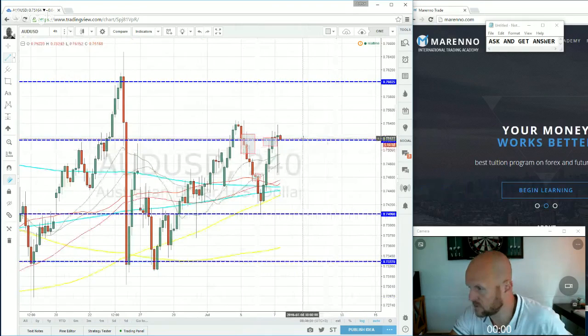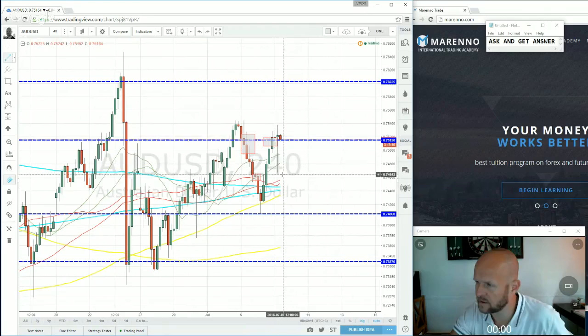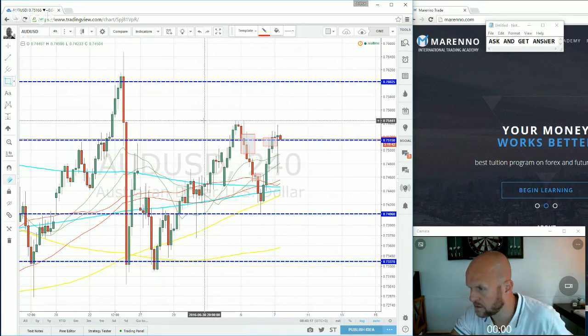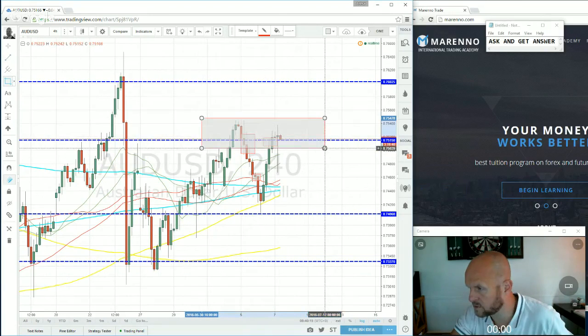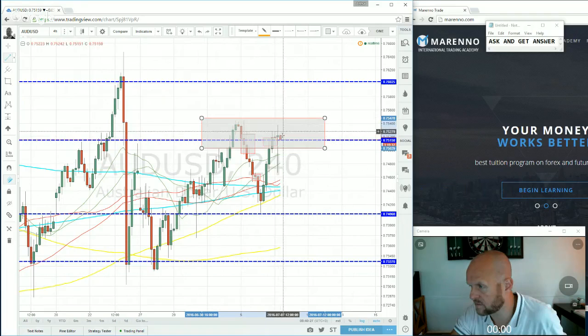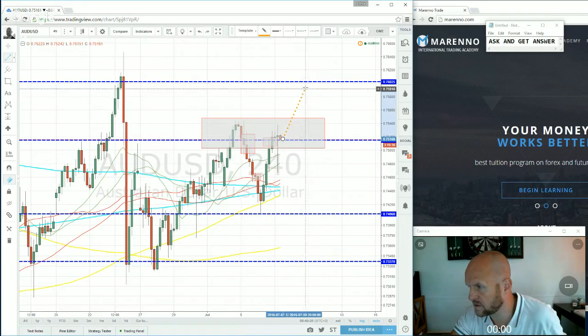Aussie dollar, the same, a very interesting situation here. As you can see, a very long tail candle here. It might be a good reversal, a good accumulation in the area. But it also can be a way towards this level here.